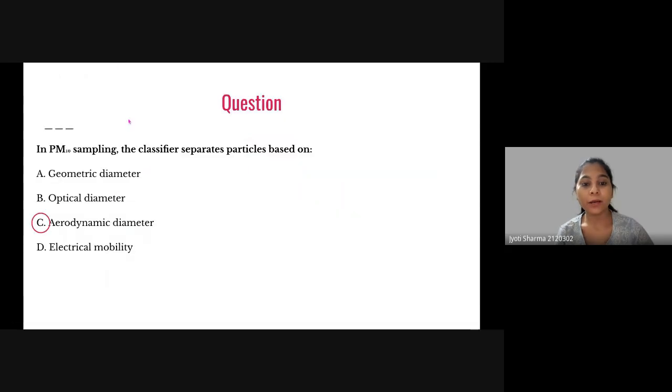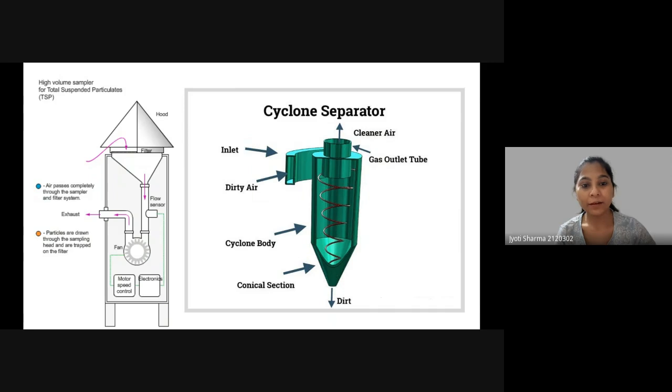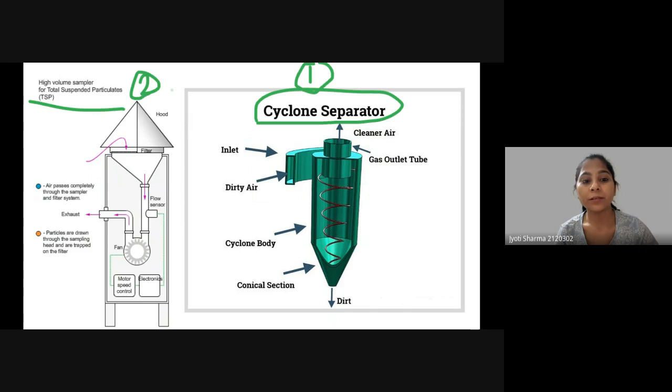If we are talking about these classifiers, one can be a cyclone separator, and another may be a high volume sampler. These two come under classifier, because they help us to classify the particulate matter.